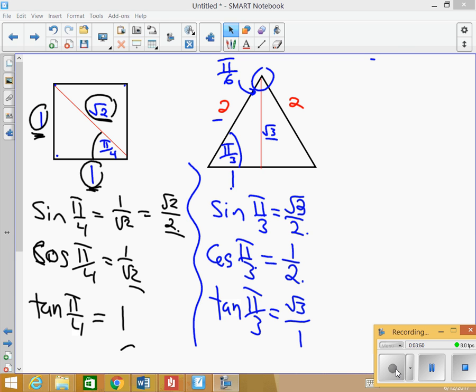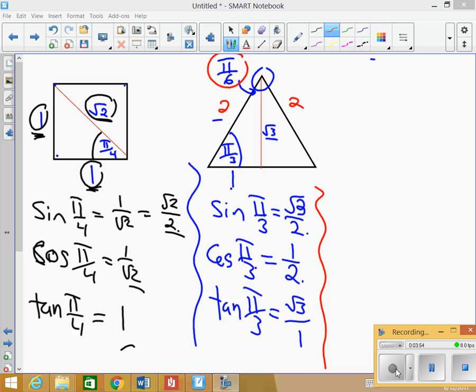Now, we're going to take a look at pi over 6. Now we're looking at this other angle, so it changes up our opposite and adjacent. In this case, sine of pi over 6 is going to be 1 over 2. Cosine of pi over 6 is going to be root 3 over 2.